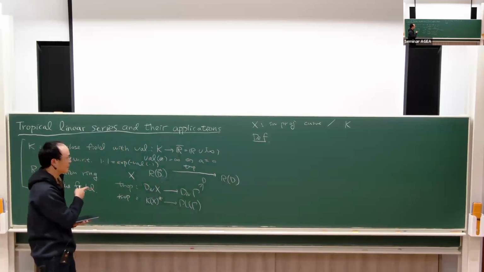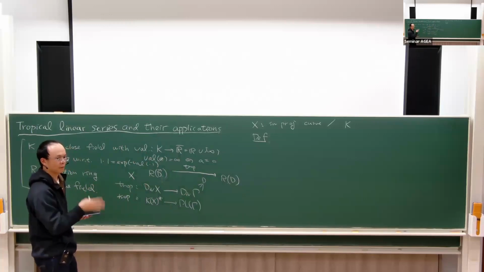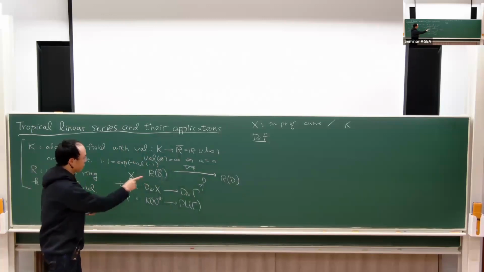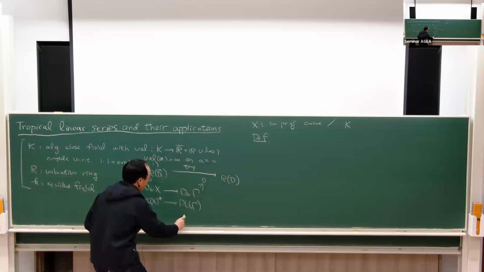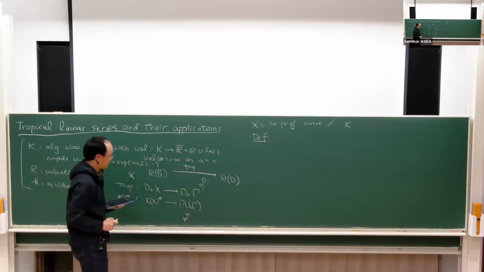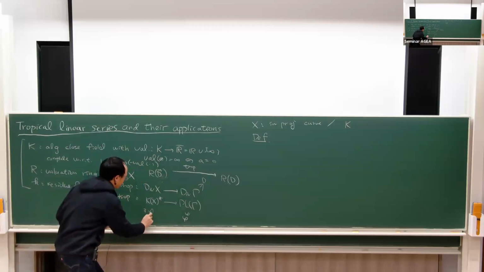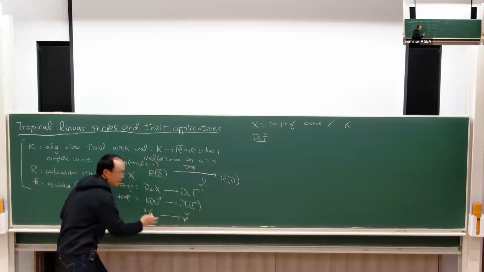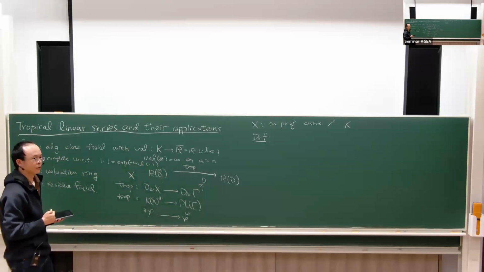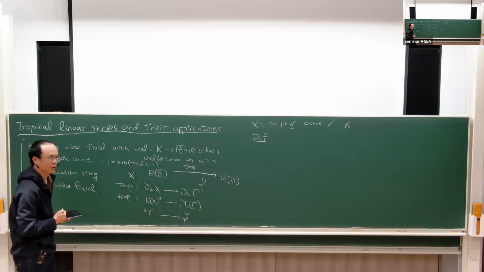And such a question is important if we try to give some tropical proof of some questions on algebraic curves. Because it is related to this: if we have some piecewise linear function on the graph, do we have some rational function which lifts this piecewise linear function? Such a question is essential in the application.